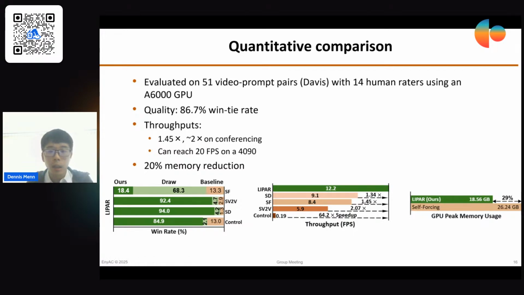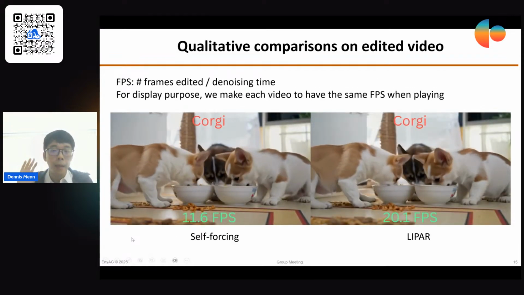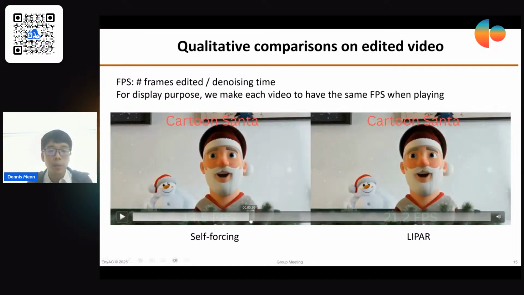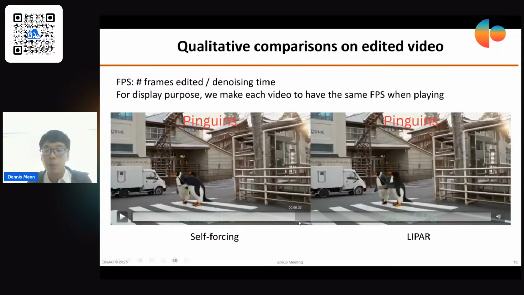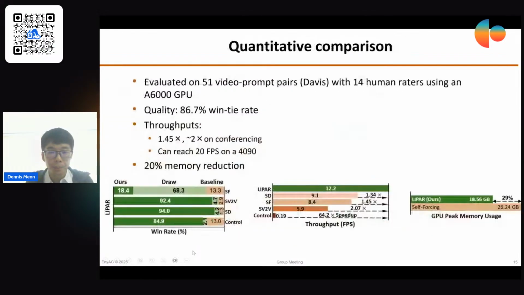The reason is our method actually enhanced the background consistency during generation. You can see that on the left-hand side, the background of the video will actually change, whereas ours will not, because we use the latent inter-frame pruning. Our method wins against control video by 84.9% and against stream V2V and stream diffusion by over 90%.